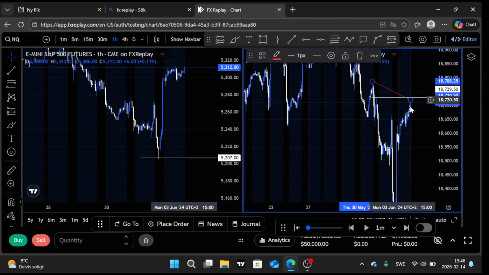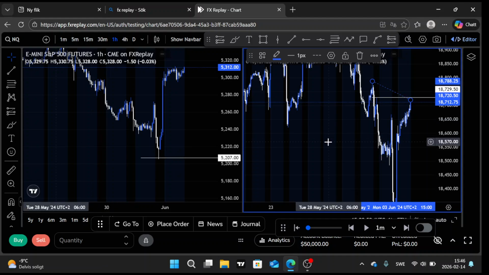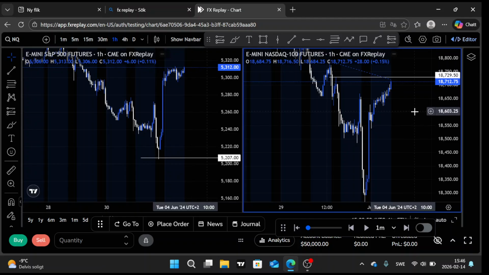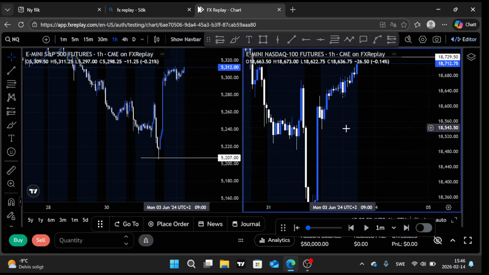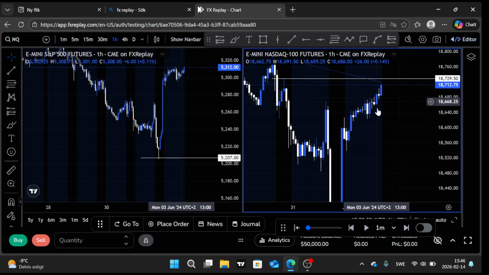So we mark that out as SMT. Okay, here we go. But we have bullish order flow: we come back down, we respect this 1 hour gap, and then we move back up.